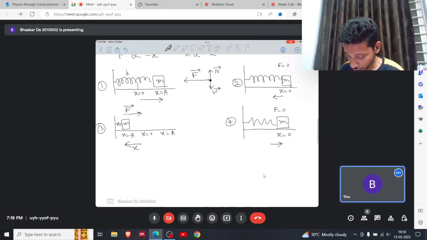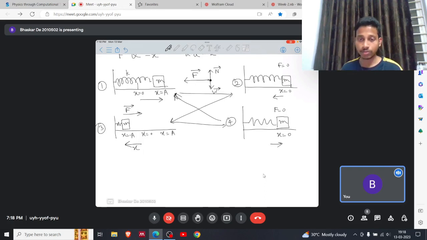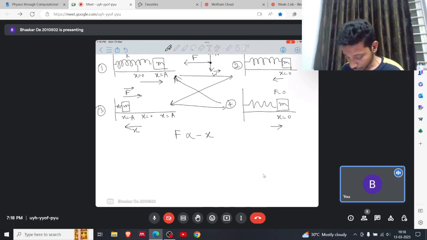So it will go from 4 to 1, and then 2, then 3, then 4. In this way this periodic motion will happen, and here we can see that F is proportional to minus x. This equation is written as F equal to minus kx, where k is the spring constant.